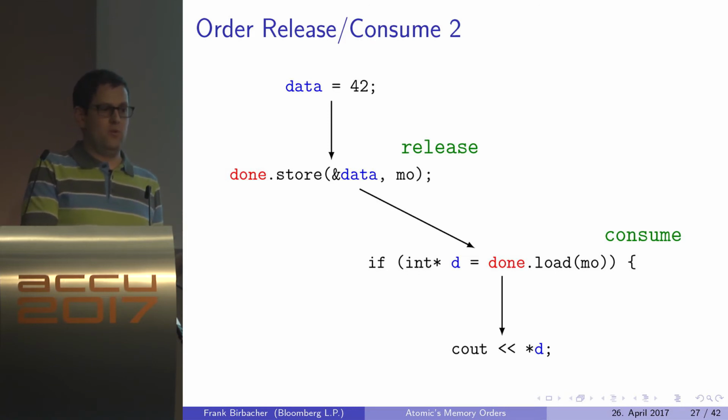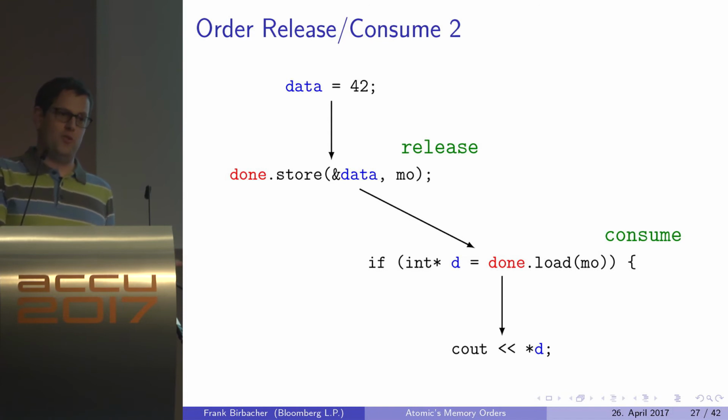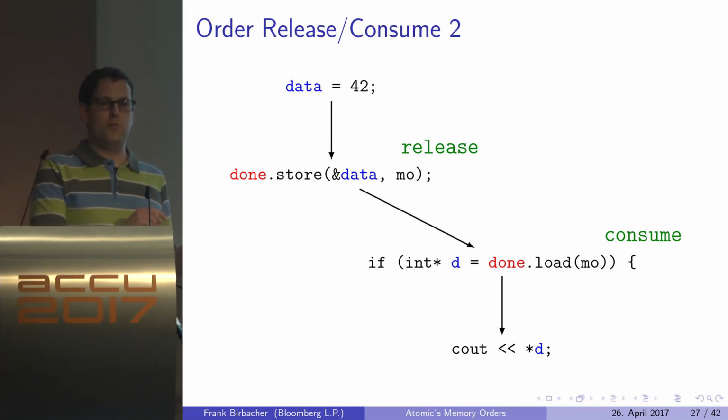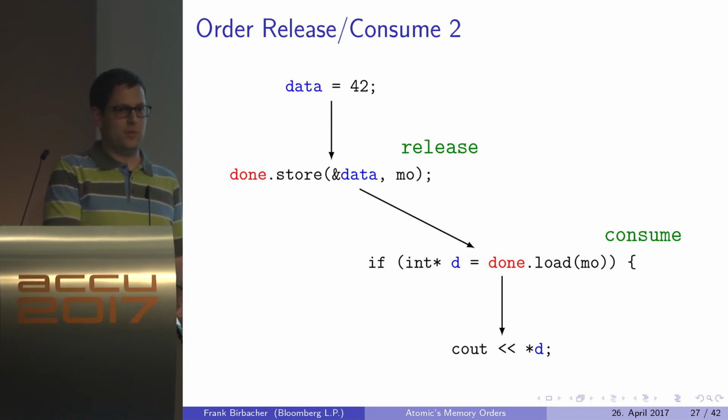And therefore, hopefully, we can have an improvement where we don't need to issue heavy memory barrier instructions to the CPU, because hopefully the CPU cannot reorder reading of some pointer unless it has the pointer value. So we can assume that the CPU cannot by itself reorder reading of the pointer D before reading the atomic. This is like an implicit ordering.